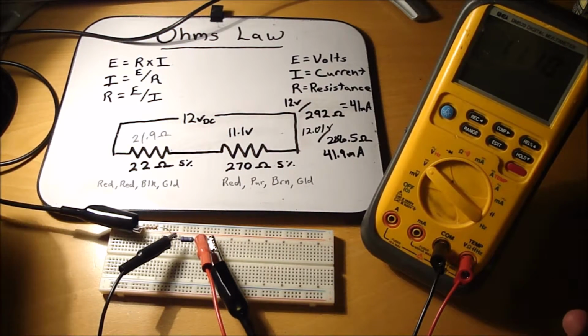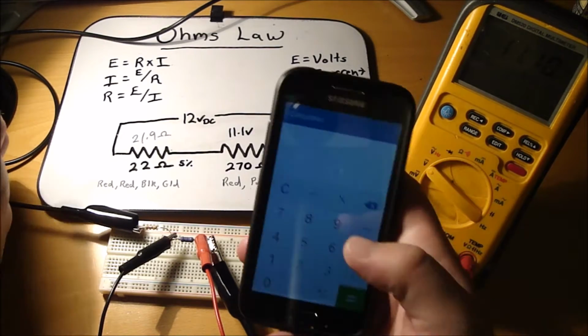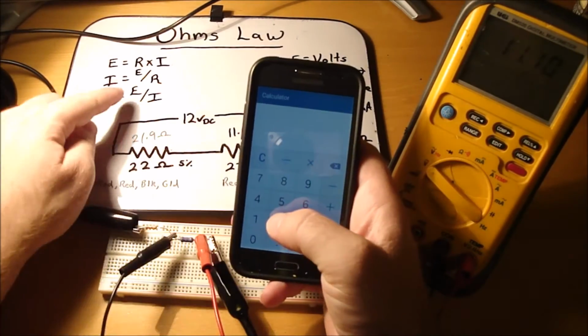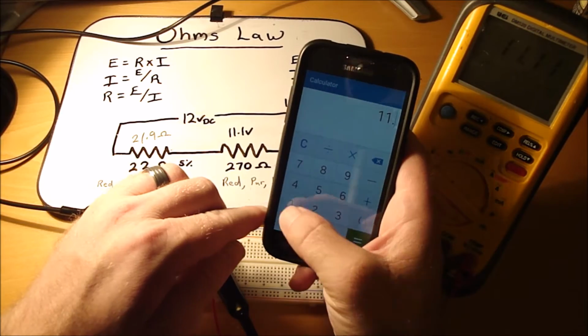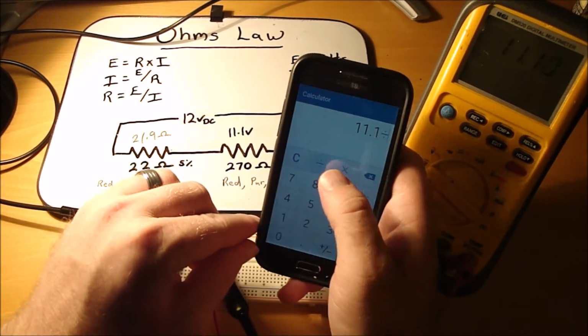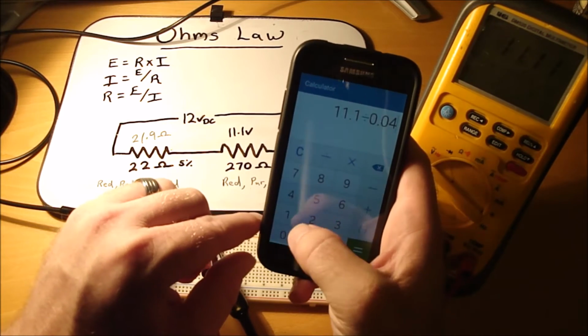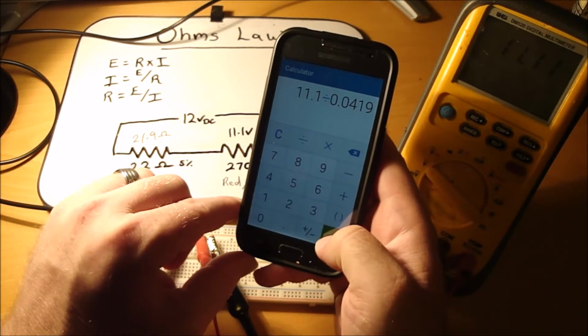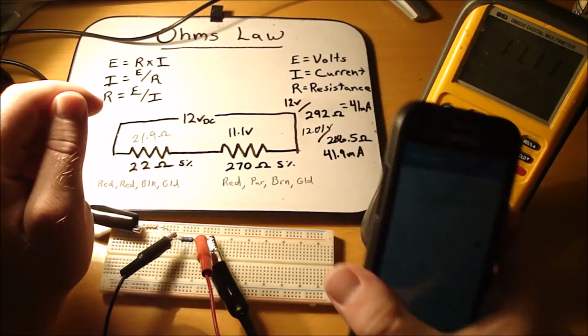So to calculate the resistance, we would take this equation, which is volts divided by current. So we know it's 11.1 volts divided by 0.0419 amps equals 264.9 ohms.